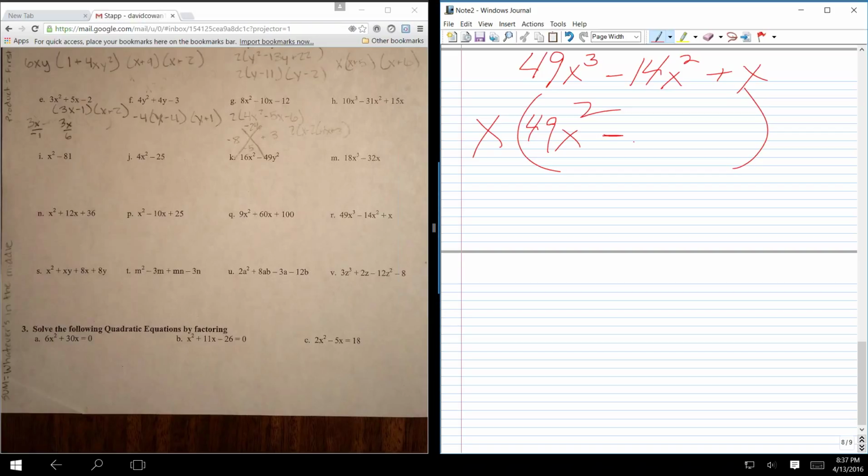What goes here? Minus 14x. Does x times minus 14x equal that? Yes, so you did it right. Finally, what's the last term? Plus 1. Now we have a linear factor and a quadratic.